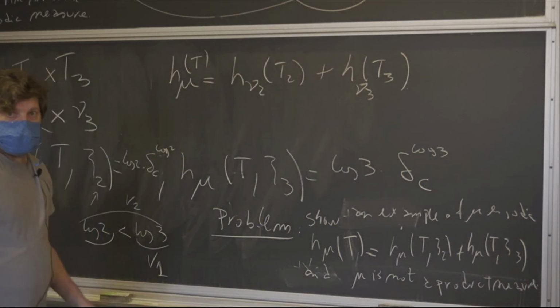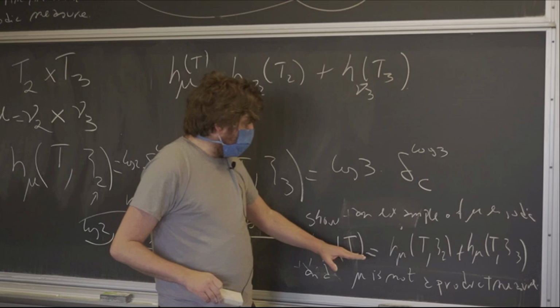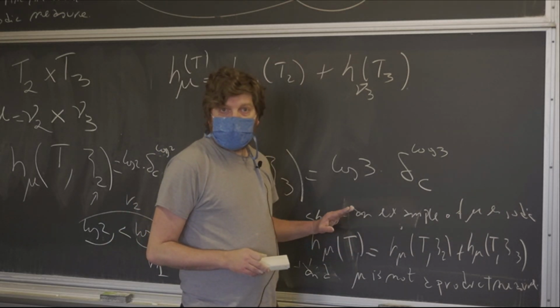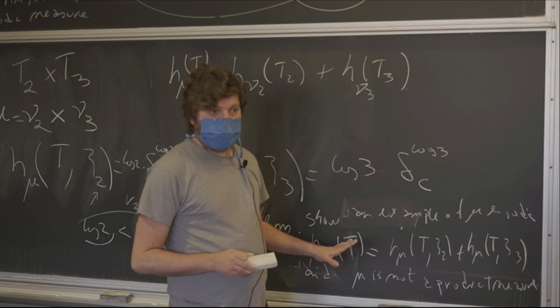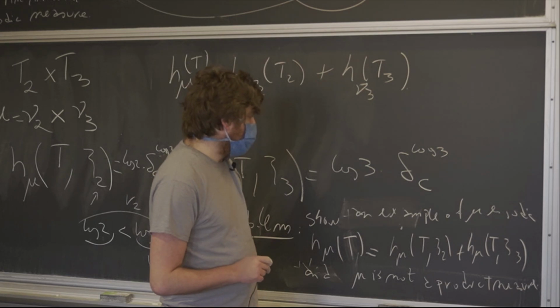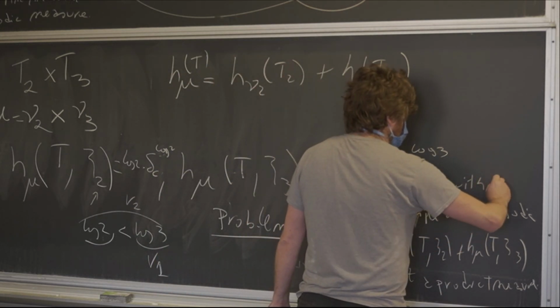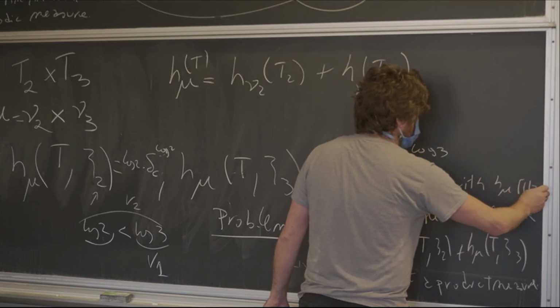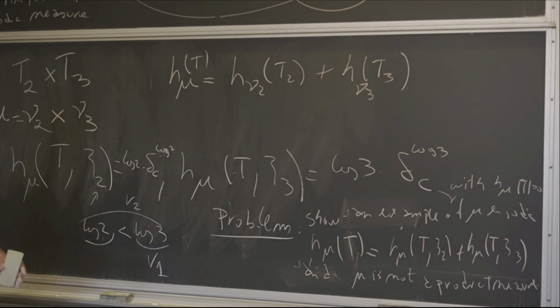Okay, so this means that the equality here is very close to implying the measure is a product, but it's not really the same. Okay, and then if you want the hard problem, is find an example with h mu t positive. Okay, so that will be a little bit harder.